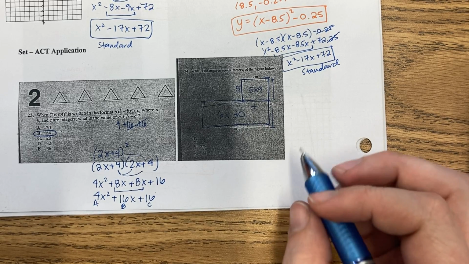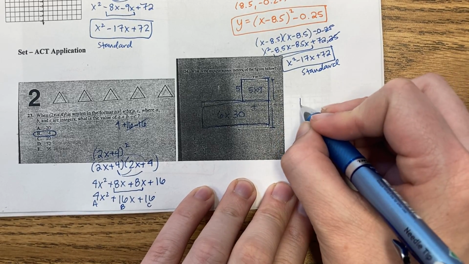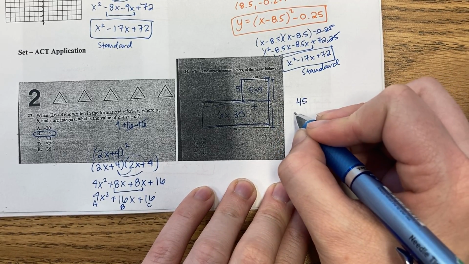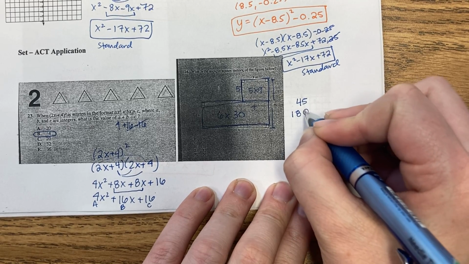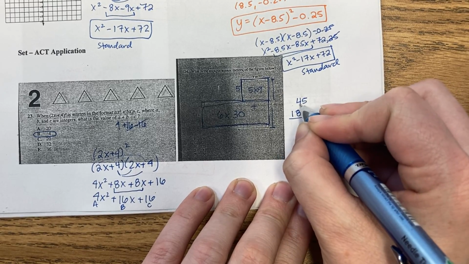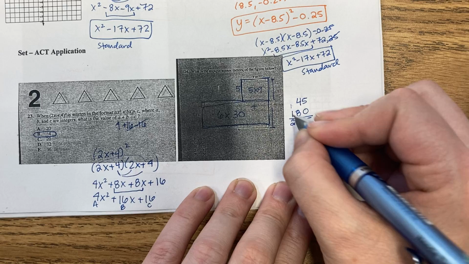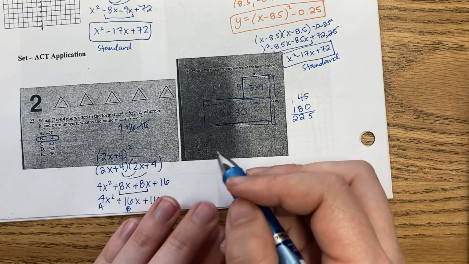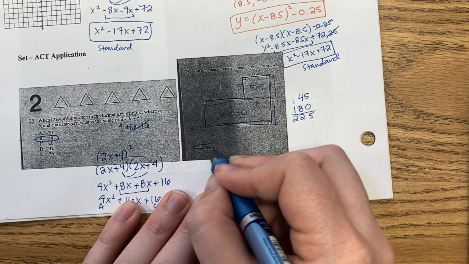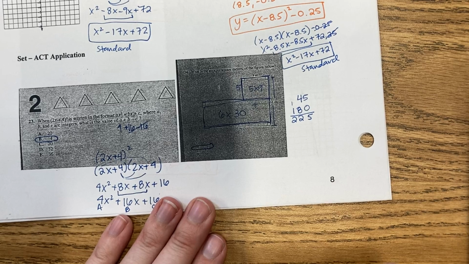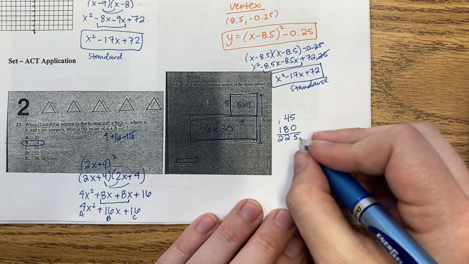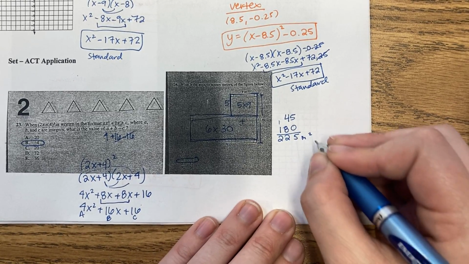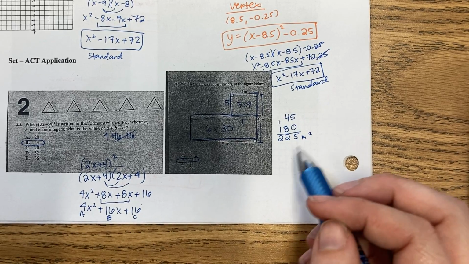So that gives me 5 times 9 is 45. 6 times 3 is 18, put a 0. 225. Meters squared if I want to make sure my measurement is accurate.